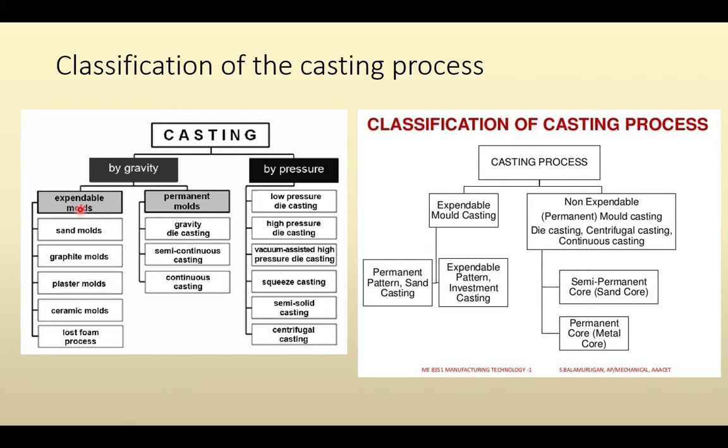As I told, expandable molds include sand, graphite molds, plaster molds, ceramic molds, lost foam molds, etc. We have studied only the lost wax process, but lost foam is also available, and we will discuss it. In permanent molds, by using gravity force, the molten metal comes and occupies the space. In semi-continuous and continuous casting processes, the molten metal occupies the space continuously, and we produce seamless tubes.